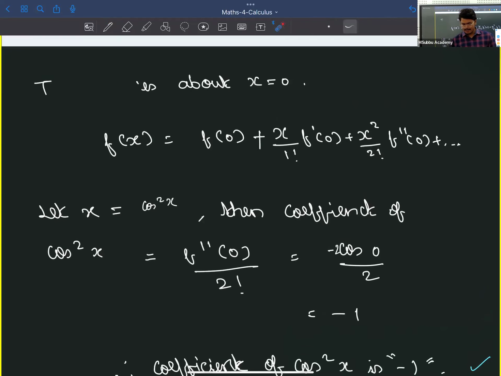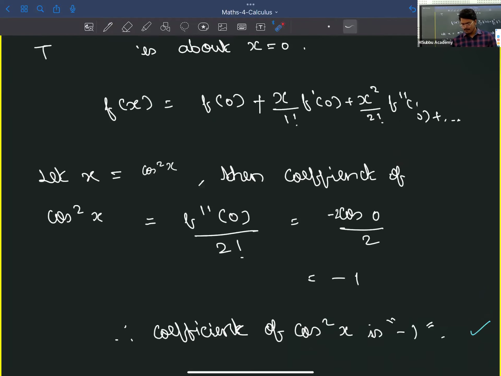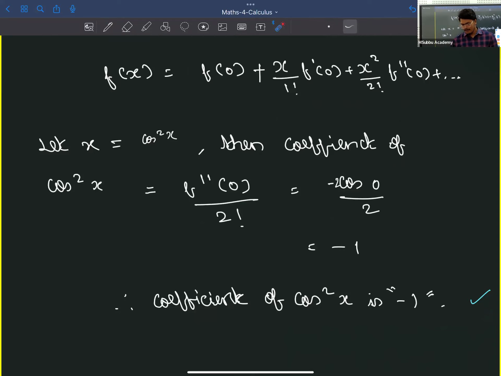Which is nothing but f double dash of 0, so you have to find the double derivative. When you do the first derivative, f dash of x, you get directly 2 cos x, and again differentiation of cos x will be minus sin x. Let me solve it below.